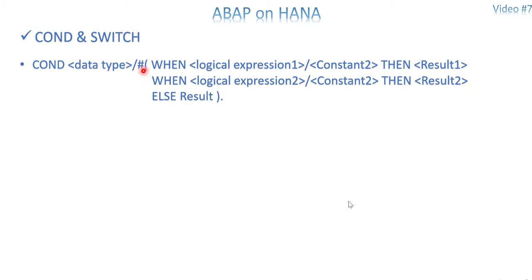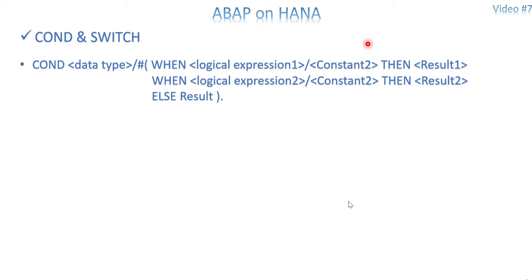Whenever you are not sure about the data type of your result, go with this particular symbol. Otherwise, you can go with the data type if you know the actual data type of your value. And the syntax is WHEN, within parentheses: WHEN logical expression or constant.